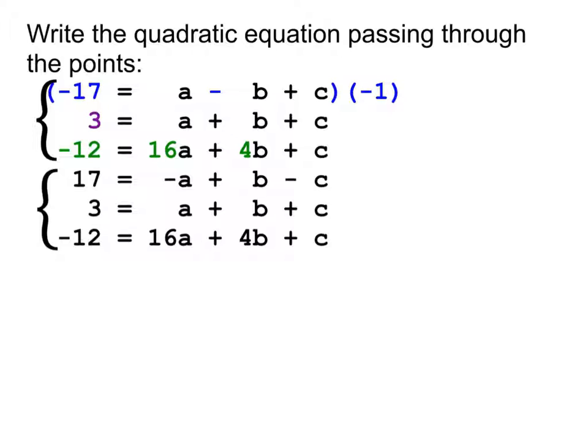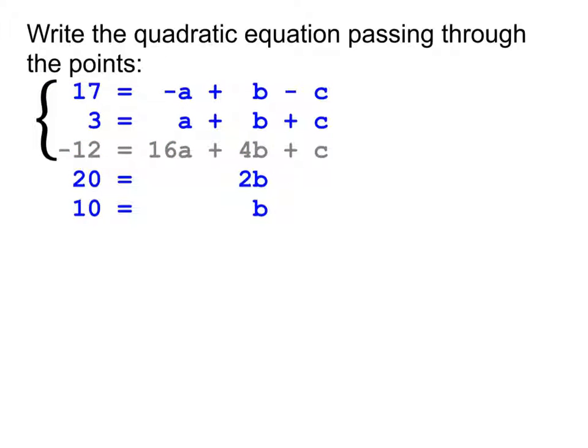So now I can go ahead and grab two equations, add them. Grab two other equations, and add them. All right, so first up, I might grab equations 1 and 2 here and add those up.